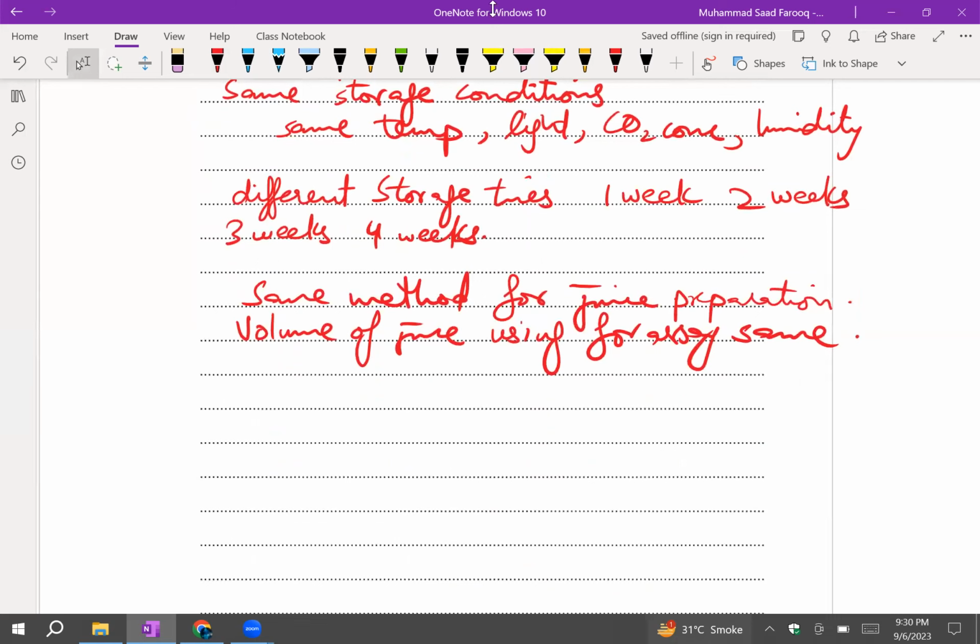After that, for each storage time you need to measure the absorbance.